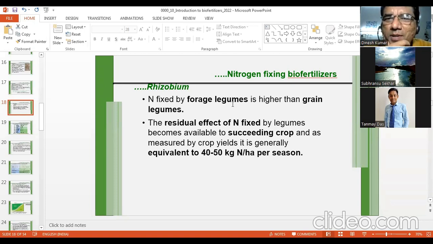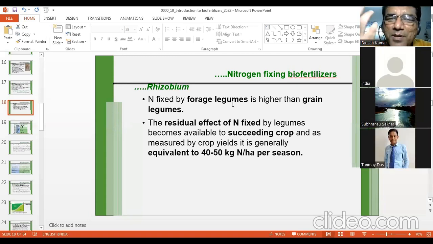You don't know any, really, nobody knows grain legumes. Why do you fear? I think everybody knows. What is grain legume? Example? Okay, good. So grain legume is legume which gives us grain.